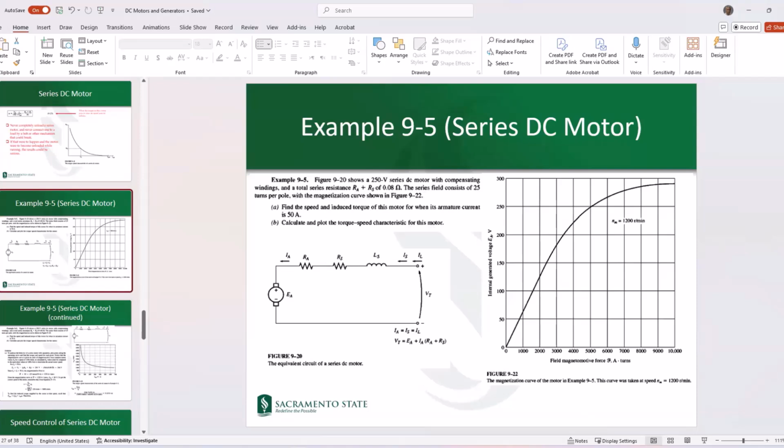But one thing to note here is that the number of turns in the excitation circuit of series motors is quite smaller than the number of turns in shunt motors. That's because the current in series motors is quite high. So the MMF, which is equal to the number of turns times the excitation current, would be very high with a high number of turns.